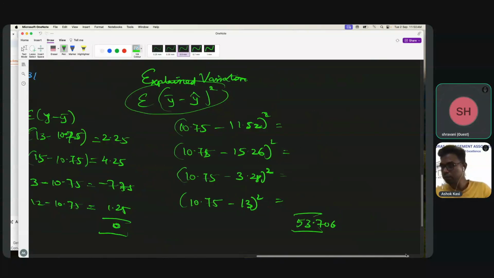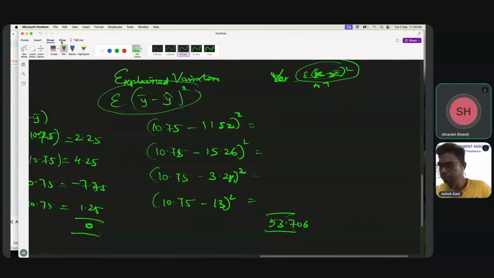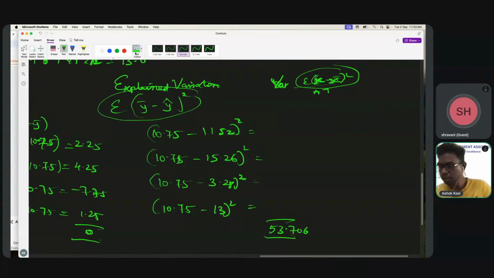So variance's formula is the summation of x minus x bar the whole square divided by n minus 1. Because I'm taking only the numerator part, that is called variation.